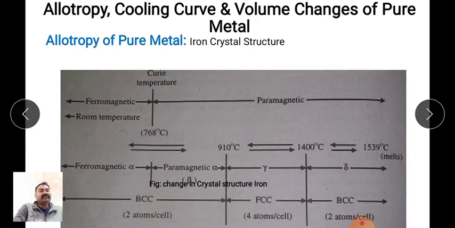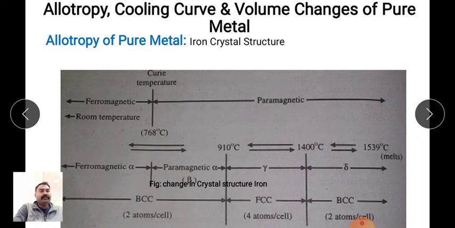whatever the steel in the iron-carbon equilibrium diagram, it is completely in the paramagnetic phase from 768 to 1539 degrees Celsius. From 910 to 1400 degrees Celsius, the austenite has an FCC structure containing 4 atoms per unit cell, regarding the stability that we have already studied.